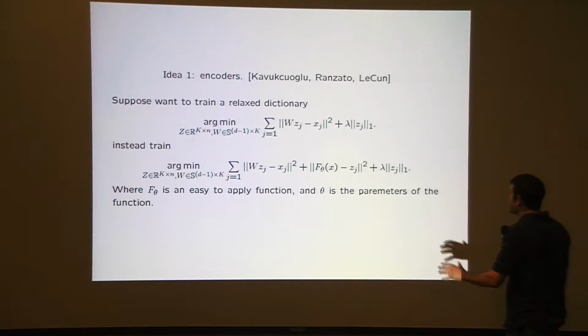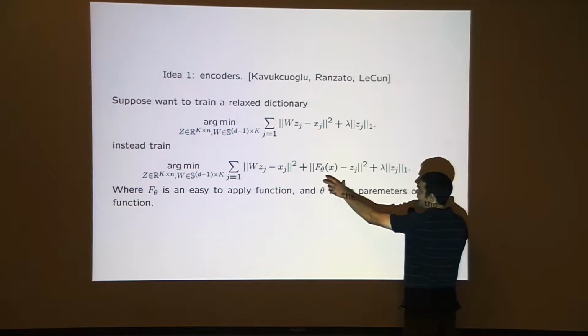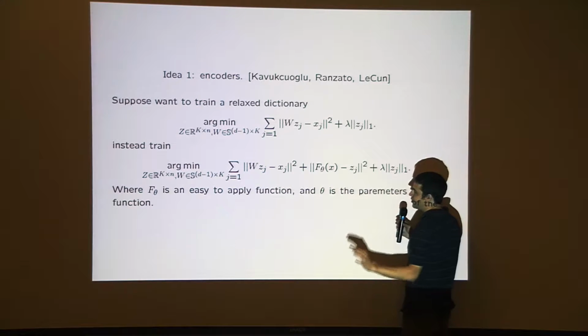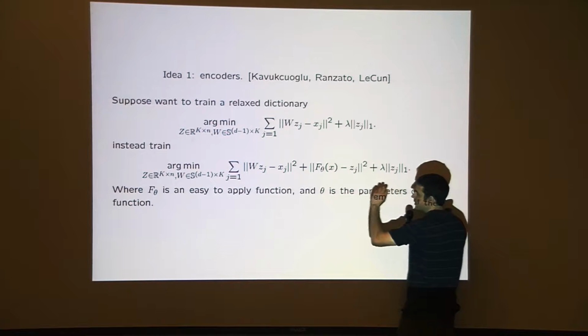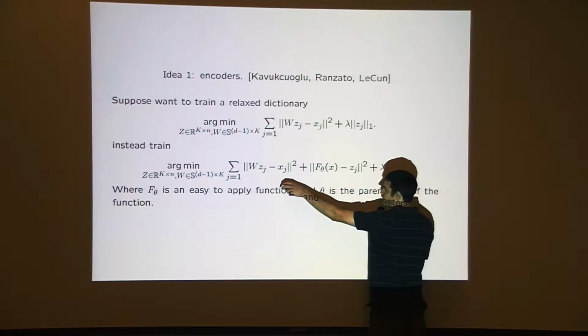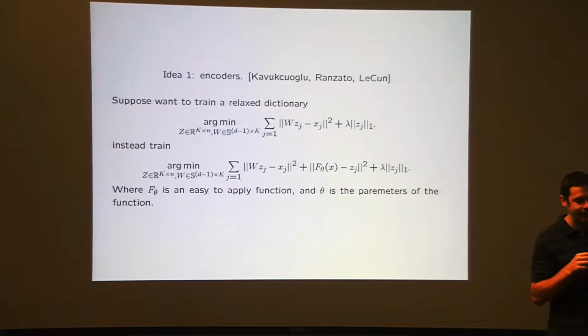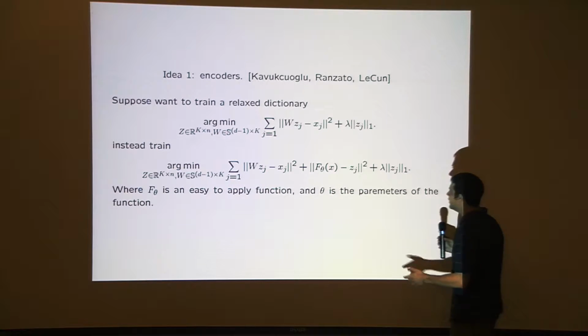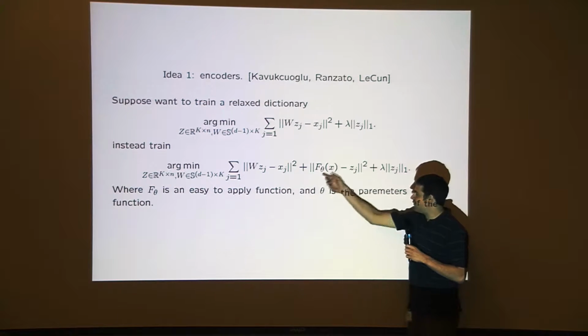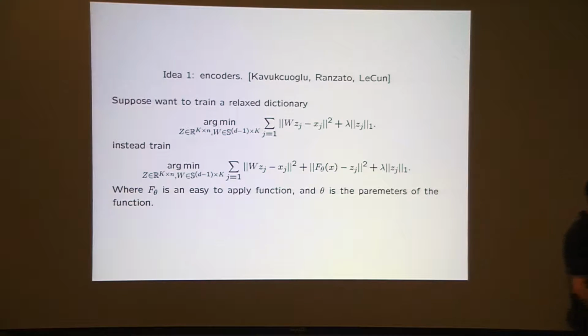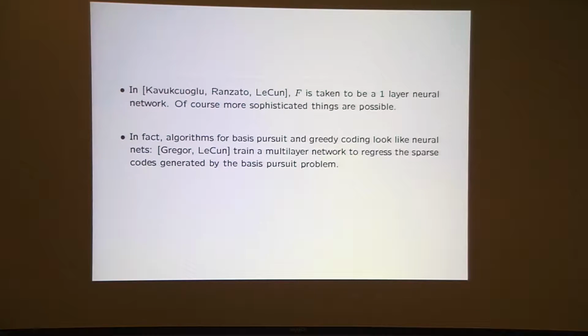So you add one extra term. I want this not only to be a sparse approximation which has good reconstruction error, but also easy to approximate by this function f theta, where f theta is some parameterized function, and theta are the parameters.